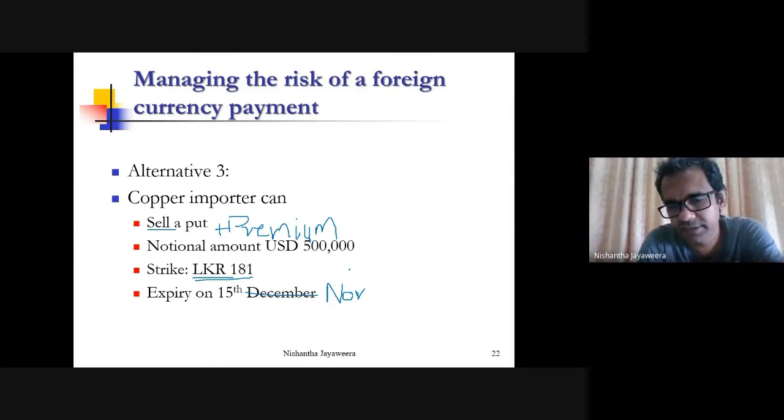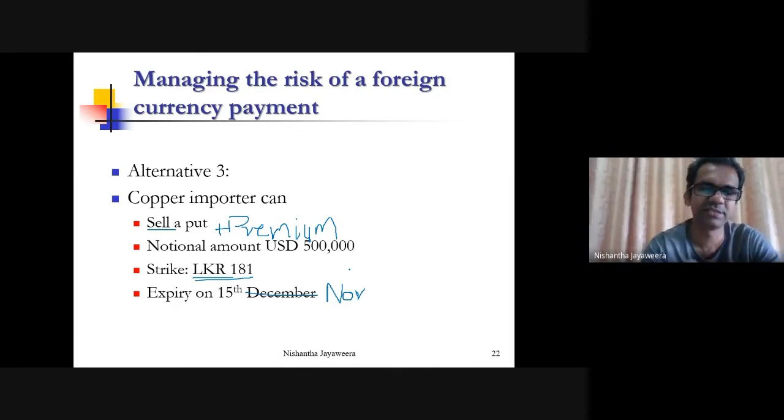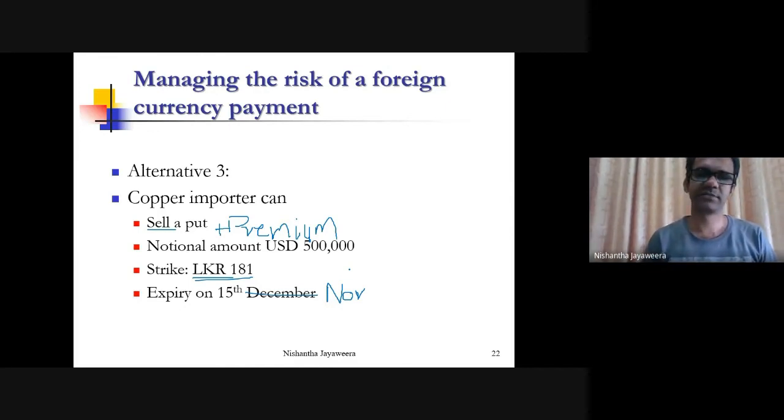We eliminate FX risk. So that means whatever the risk that may arise due to exchange rate changes, we eliminate that. But while we are eliminating that, we took another risk. What is that? Can someone tell me, or have you identified?